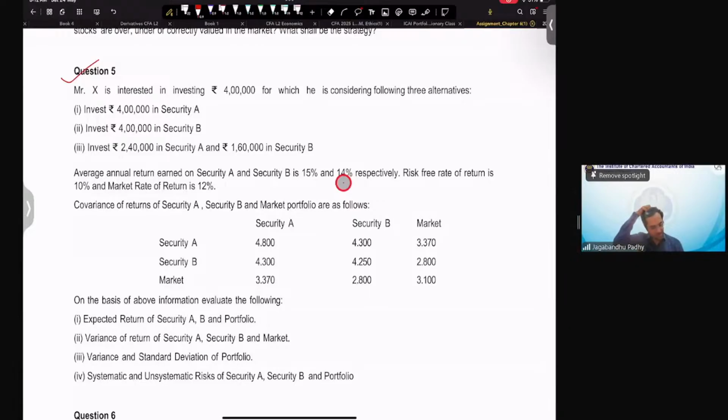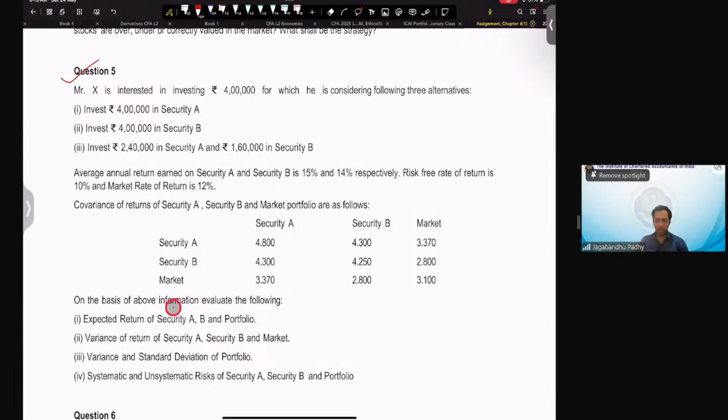The risk-free rate is 10%. The market rate of return is 12%. We have the covariance matrix between security A, B and the market portfolio.